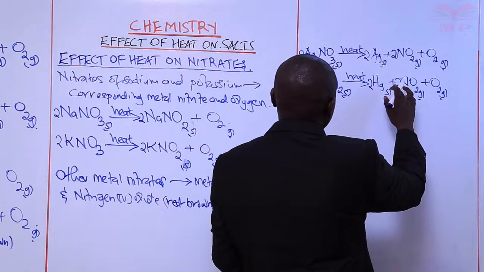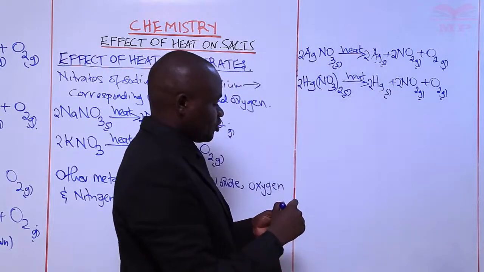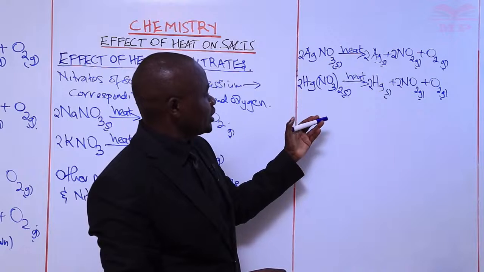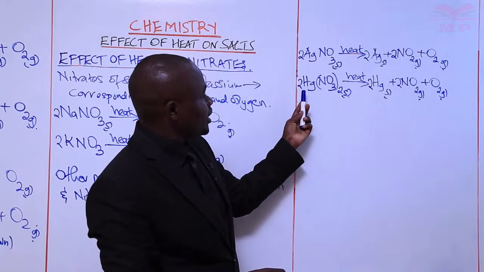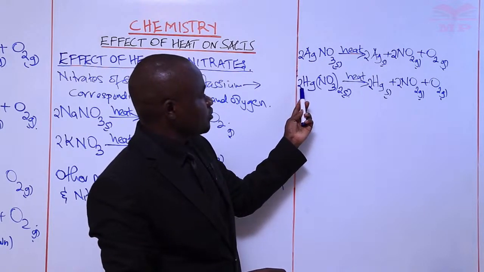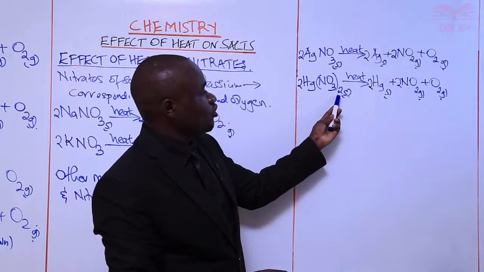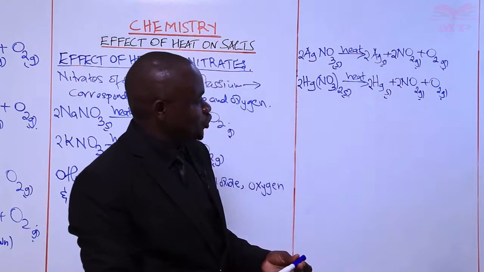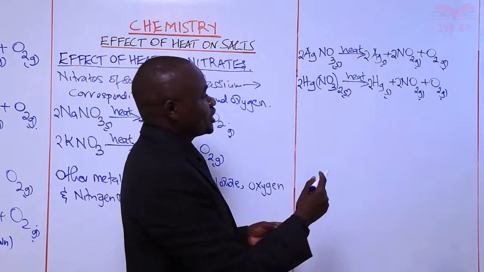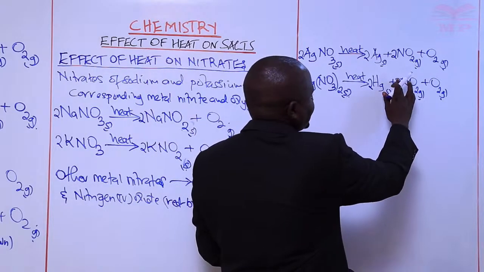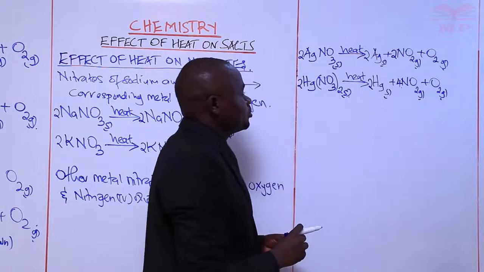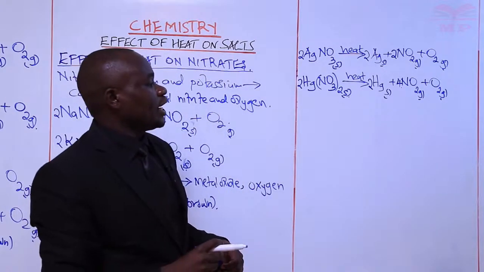So we need to balance. Let us also confirm. It's a matter of you have to be sure if it is balanced. So when you do that, you realize, how many atoms of nitrogen will I have? This will be 2 times 2, 4. But remember, we have 2. So it's not balanced. So that means it calls for us to make a change here. So this will be 4 atoms of nitrogen.